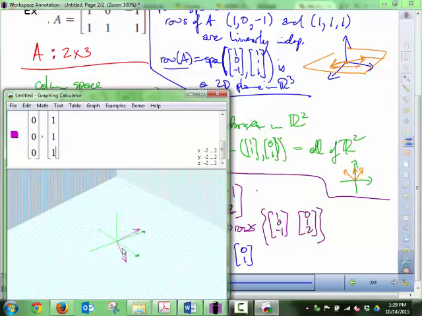So these two vectors over here, they're drawn in purple. These two vectors span a plane in R3. Right? Now what we're saying is that if I compare that with this other vector, 0, 1, 2, it should be on the same plane. Let's see if it actually turns out to be on the same plane.